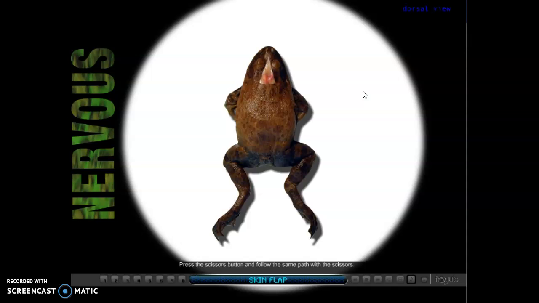Press the scissors button and follow the same path with the scissors. Carefully remove the muscle tissue attached to the skull cap and place them to the right. Press the magnifier button to get a closer view.